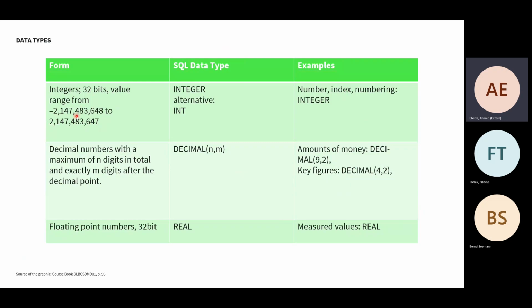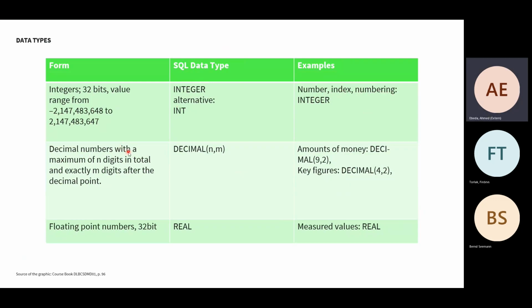If you need any number in this range, you can use integer or int, just int in MariaDB, or int also in SQL Server from Microsoft. Examples are numbers, index, numbering, and so on.